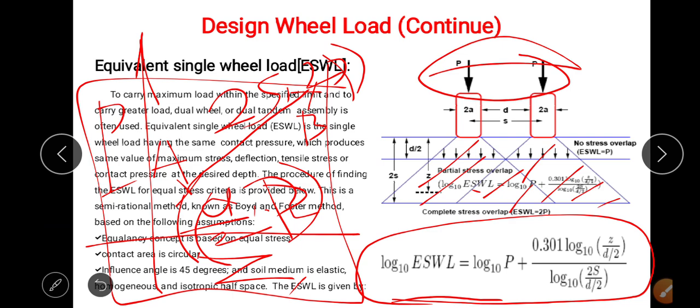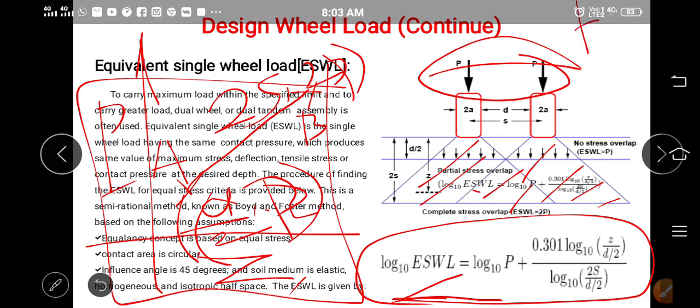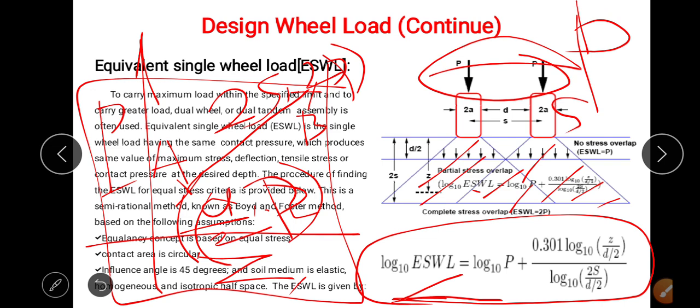Is it clear? So, while calculating ESWL, necessarily you will be given the data of P, S and D, and Z will be given. Just substitute, direct substitution. This numerical problem can be asked just for 3 marks.